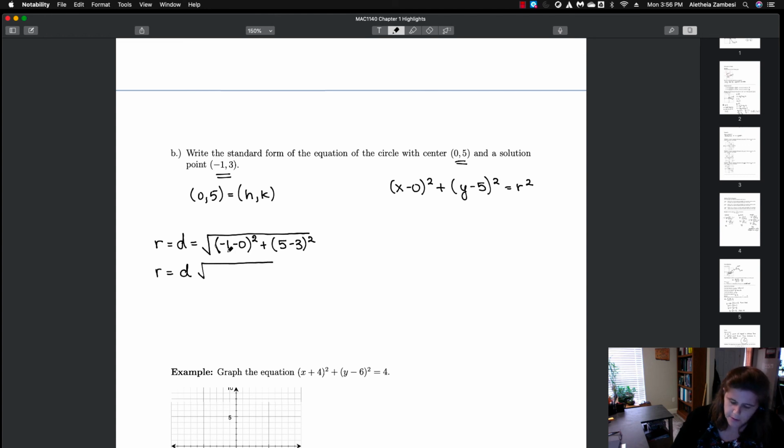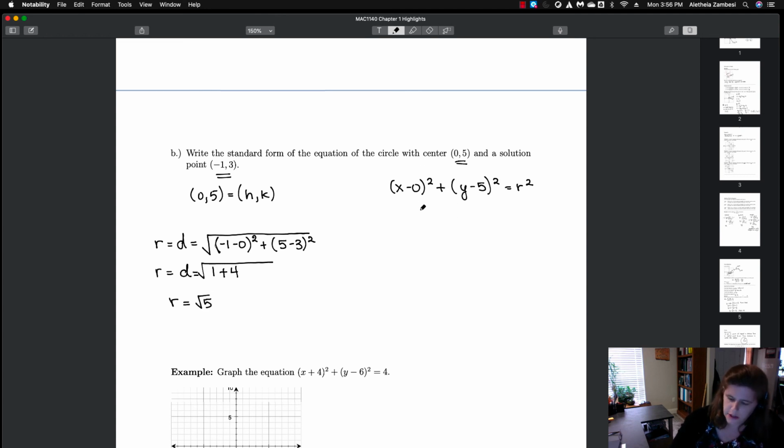So our first term simplifies to −1, and squaring it gives me 1. Here we have 5 minus 3 gives us 2, squared is 4. So here our radius is equal to the square root of 5.